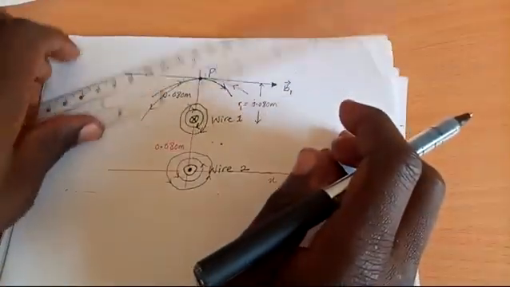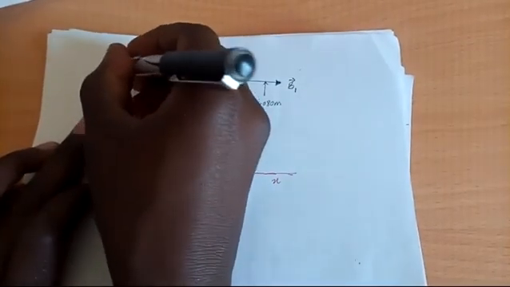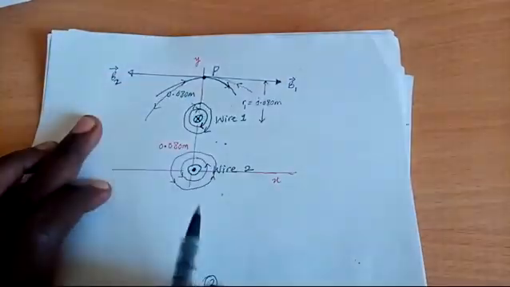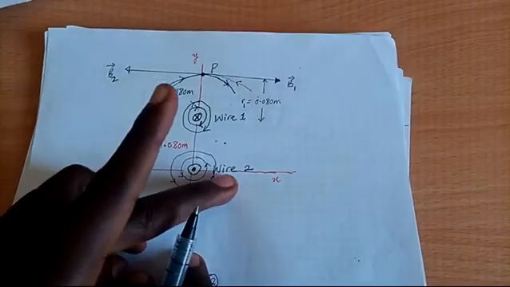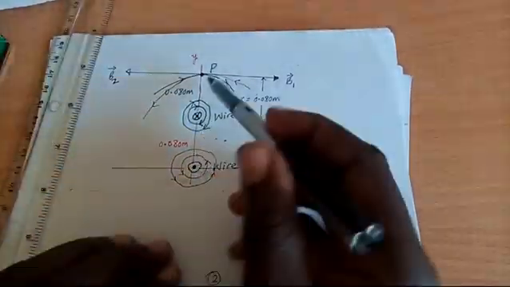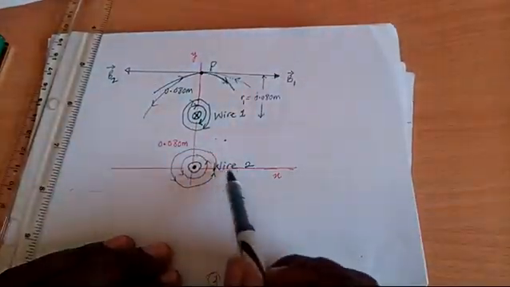And we are going to call this one B2 vector, meaning the magnetic field due to wire 2. Now we have to draw the distance of point P from wire 2.